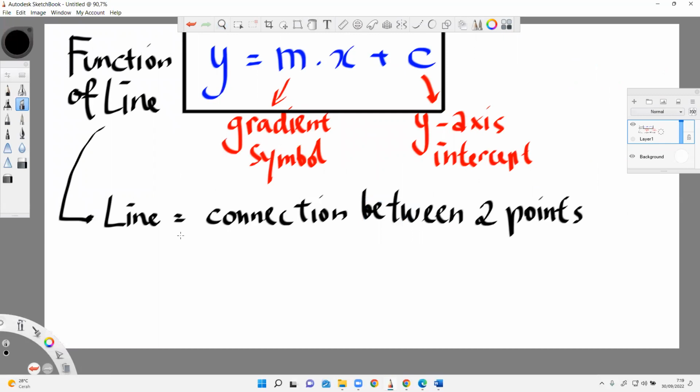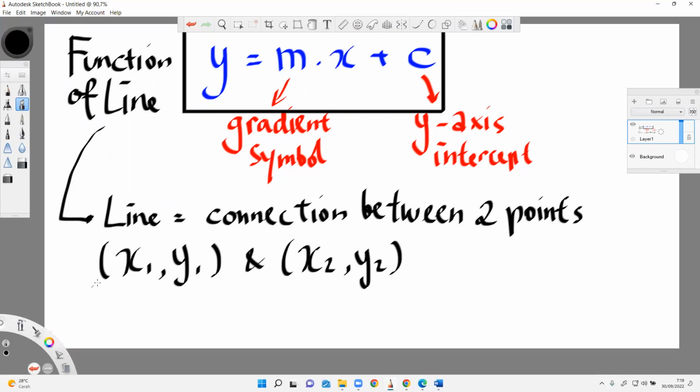What are those points? I give you the symbol, which is x1, y1. This is 1 point. We have a certain x and a certain y, and then x2, y2. How about if I want to write xa, ya, and xb, yb?